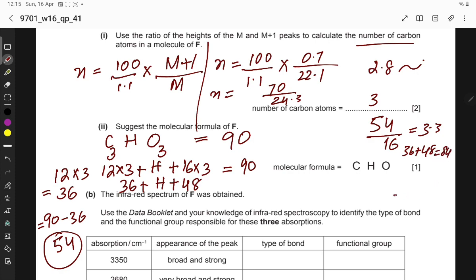Now subtract 90 minus 84, this is equal to 6. So in this way we can predict hydrogen and oxygen atoms. So hydrogen will be 6. So the formula is C3H6O3.